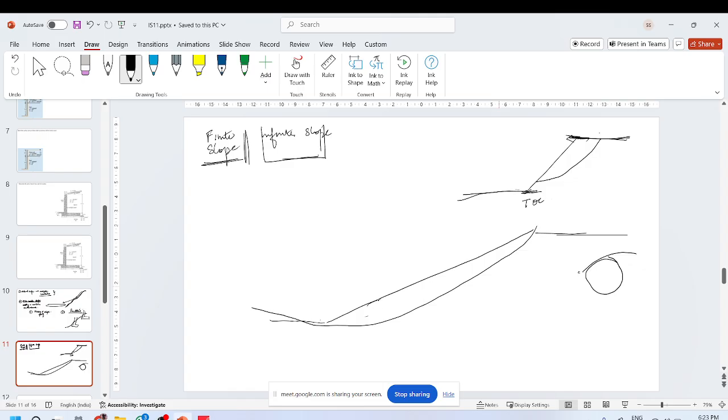That is what infinite slopes actually depict. They depict a slip surface that is almost parallel to the slope face. That is why we call it an infinite slope, because it does not have a particular head. It does have a head and toe, but the head and toe don't occur in the slip surface, and the slip surface for most part is kind of parallel to the slope face.